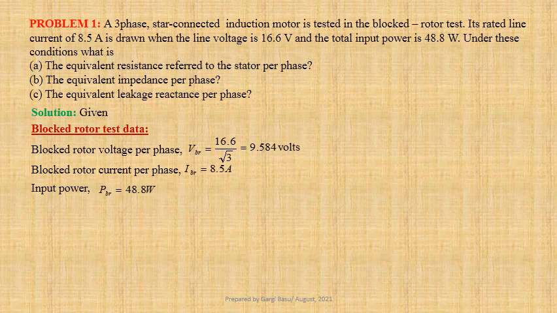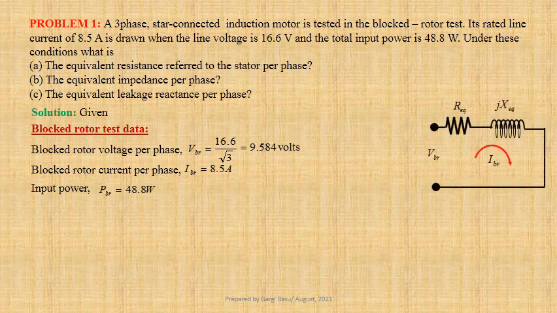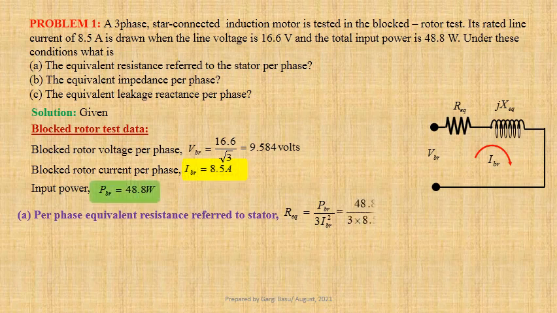Let us now draw the equivalent circuit under blocked-rotor condition. Per phase equivalent resistance referred to stator Req equals PBR divided by 3 times IBR square. Using values we get 48.8 divided by 3 into 8.5 square, that gives us 0.225 ohm.